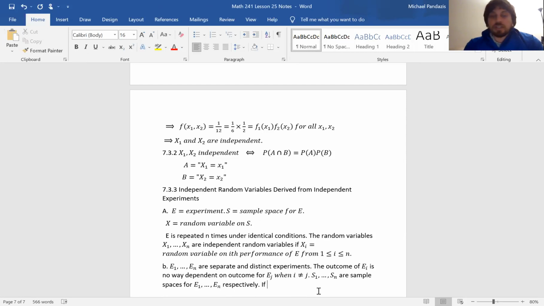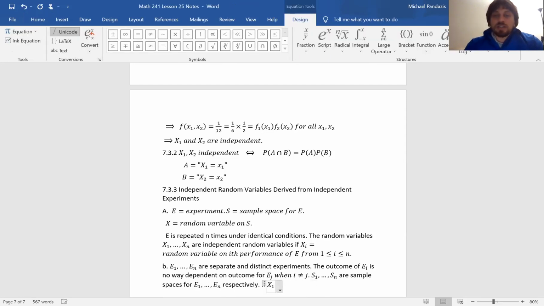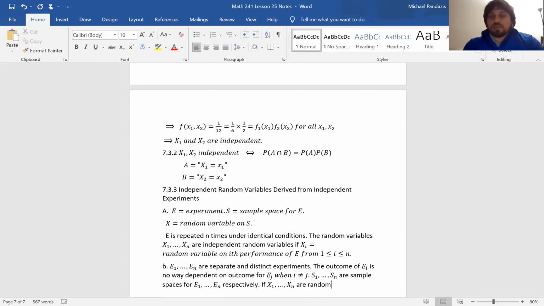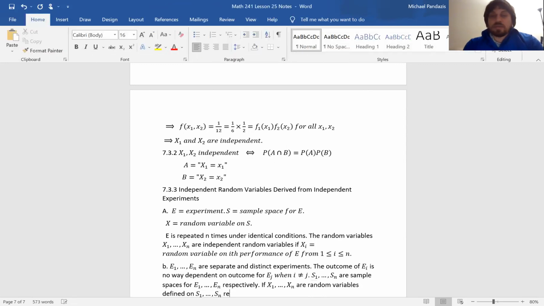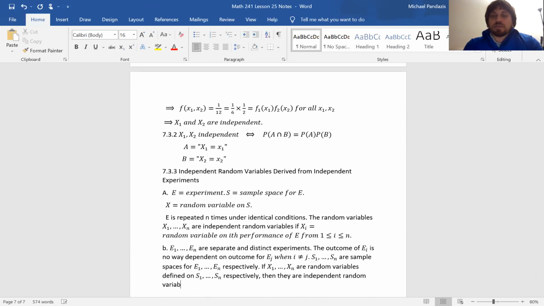If X1 to Xn are random variables defined on S1 to Sn, respectively, then they are independent random variables.